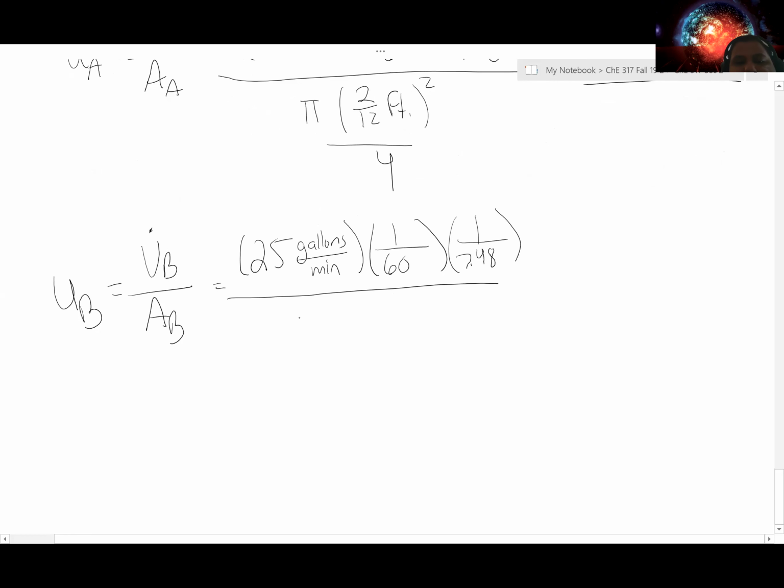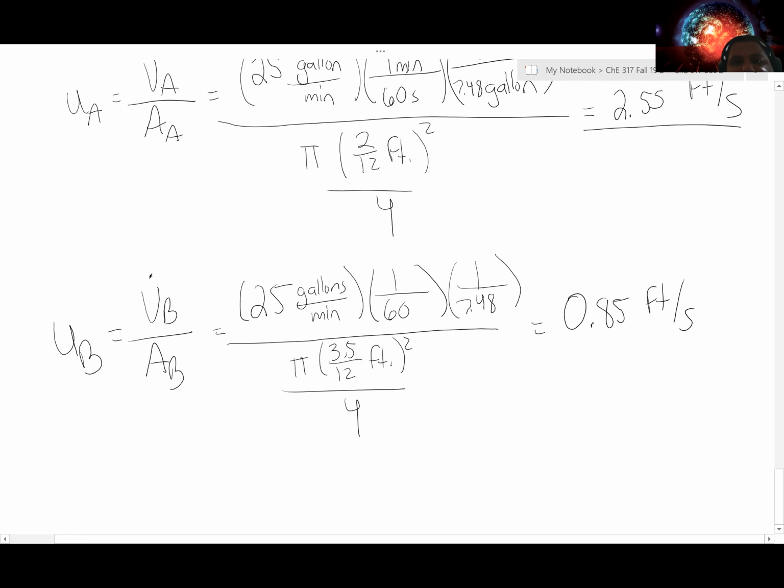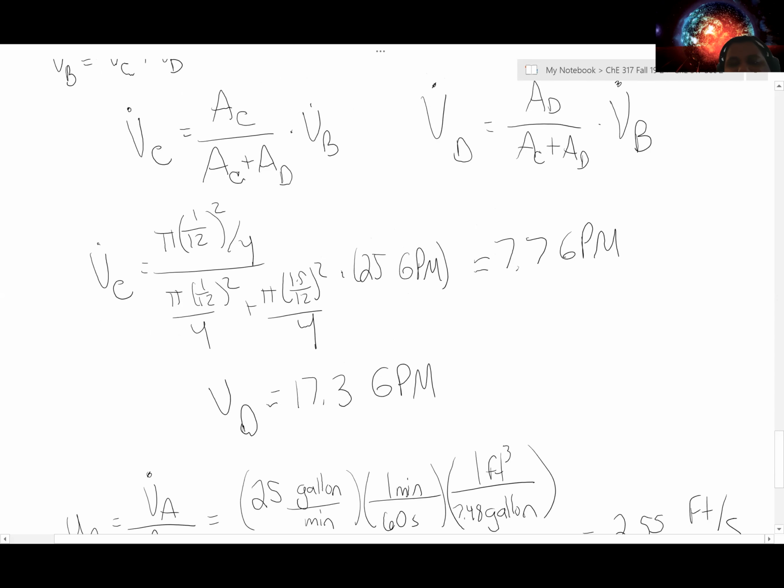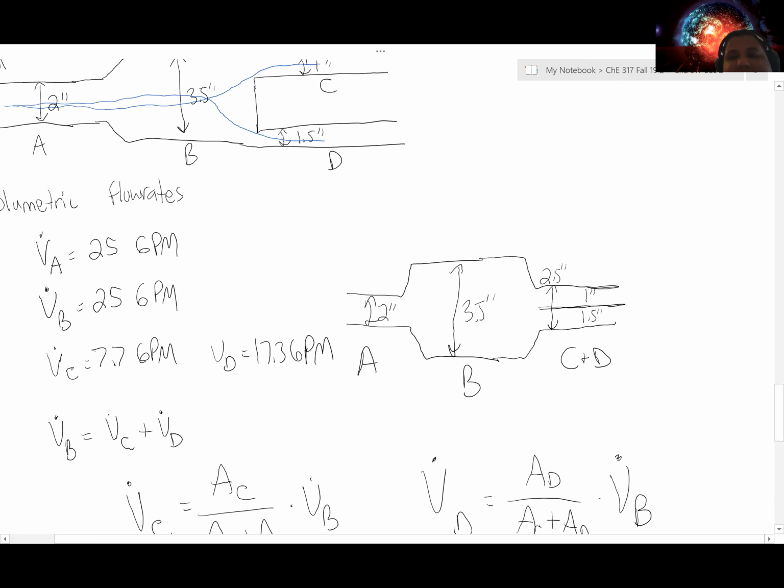And then all you need to do is just update the flow area expression, which should give you about 0.85 feet per second. So the cross-sectional area increases, the velocity decreases.